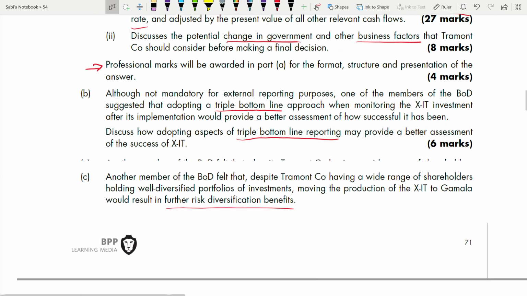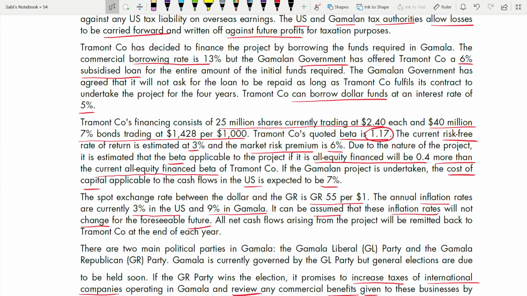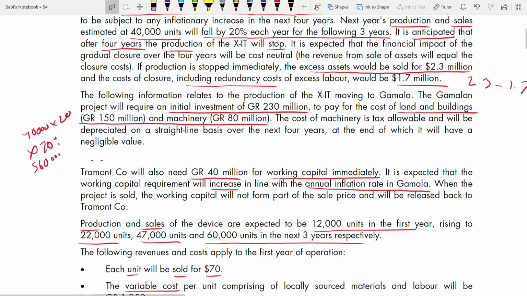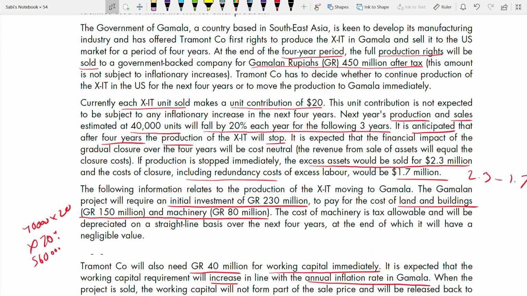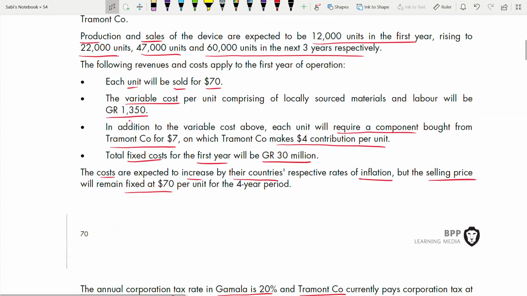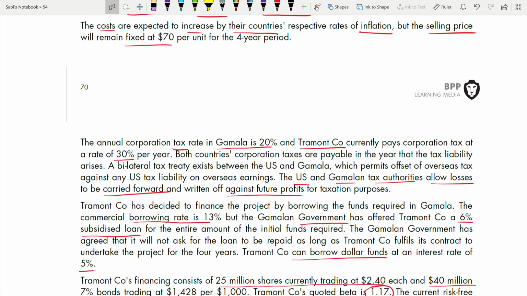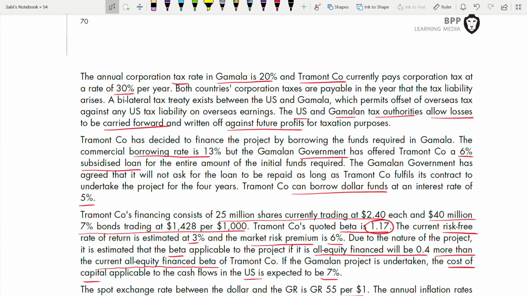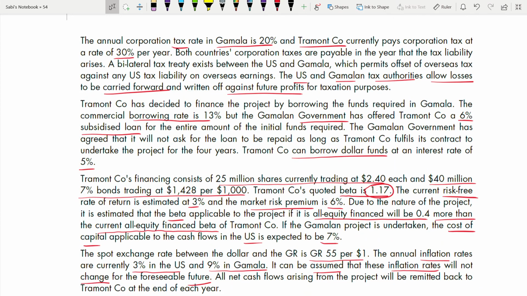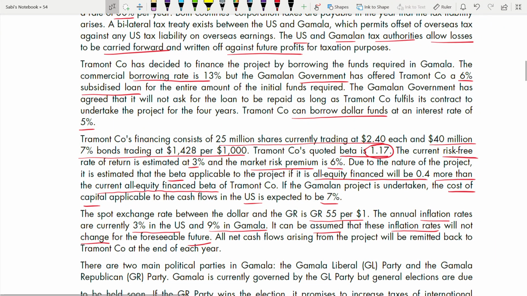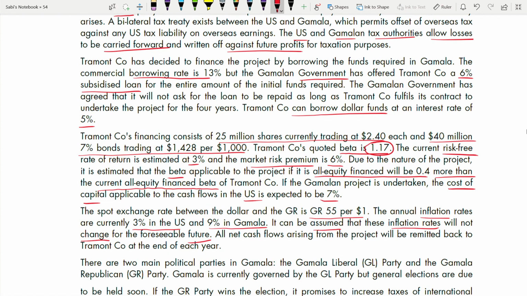Okay, let me show you why it is 7%. Yes, the cost of capital applicable to cash flows in US is expected to be 7%. That's the reason you're using that 7%.